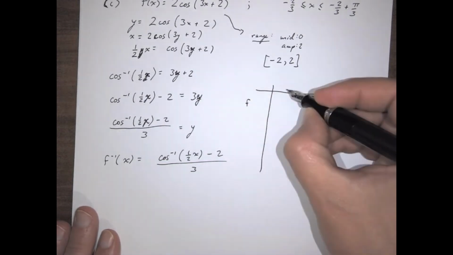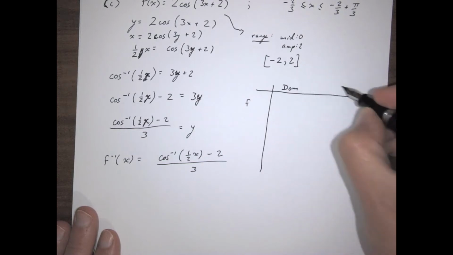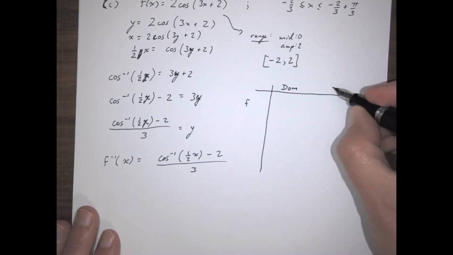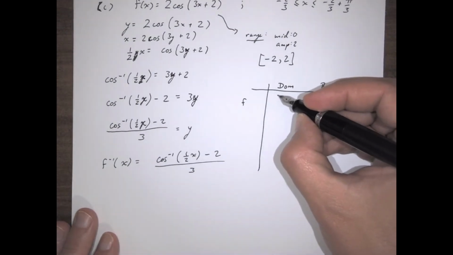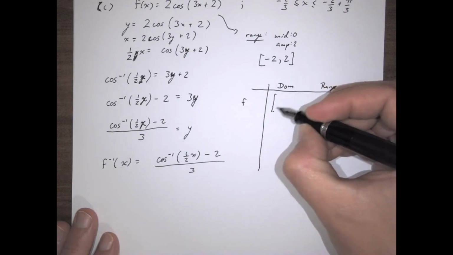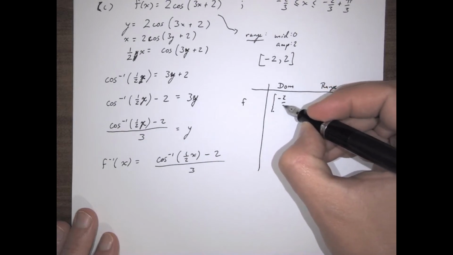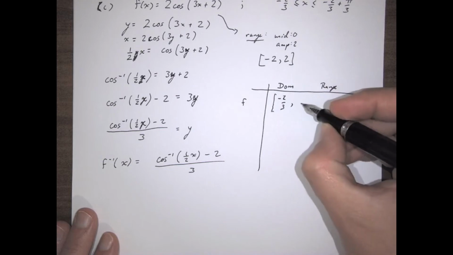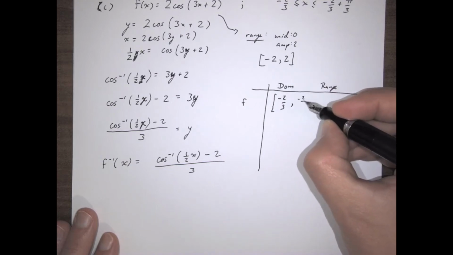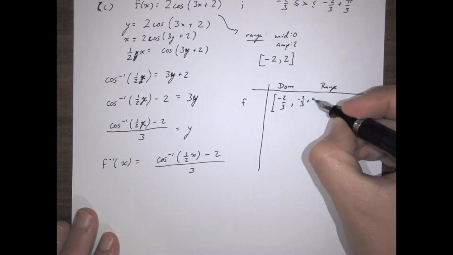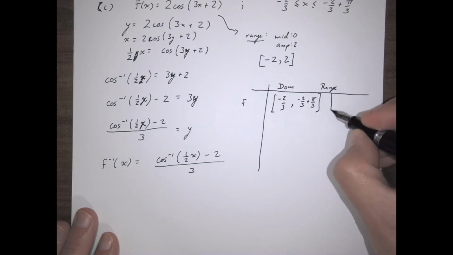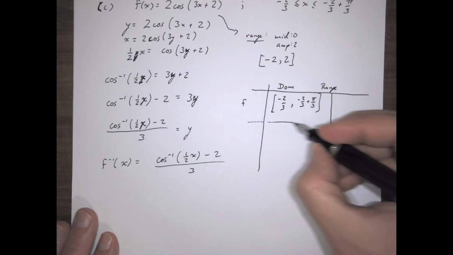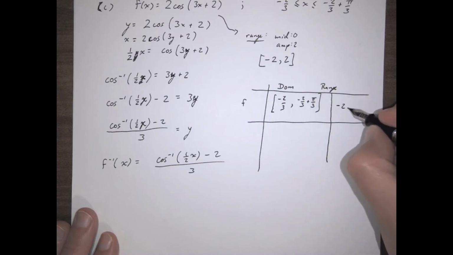Alright, now, once again, we just make our little array here, domain and range. So here, the domain is going to be just this kind of weird looking thing, -2/3, comma, -2/3 plus pi over 3, and the range will be -2 to 2.